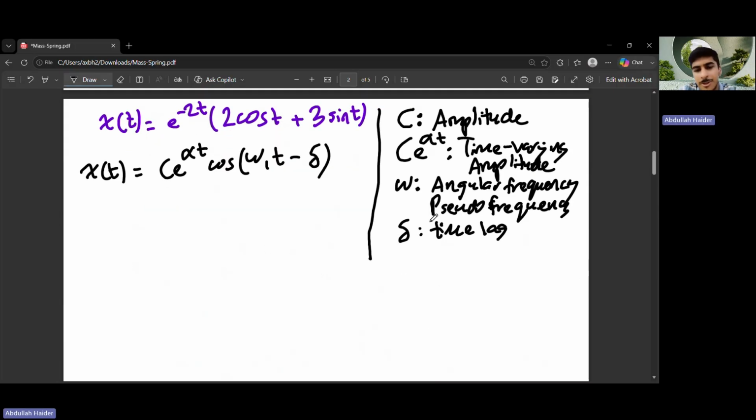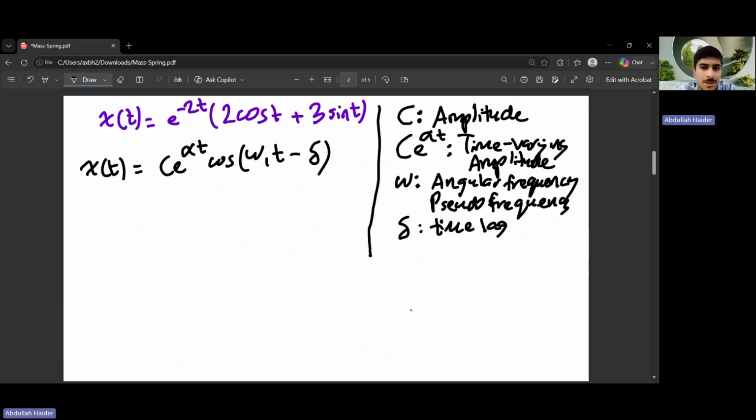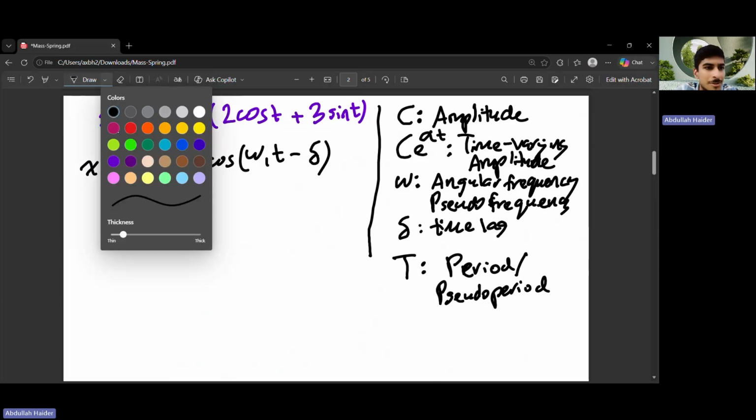And then some other important things you will need to know is the big T. You might know it from physics 1, physics 2. This is called the period, but in math 211, it can also be the pseudo period. Period or pseudo period.